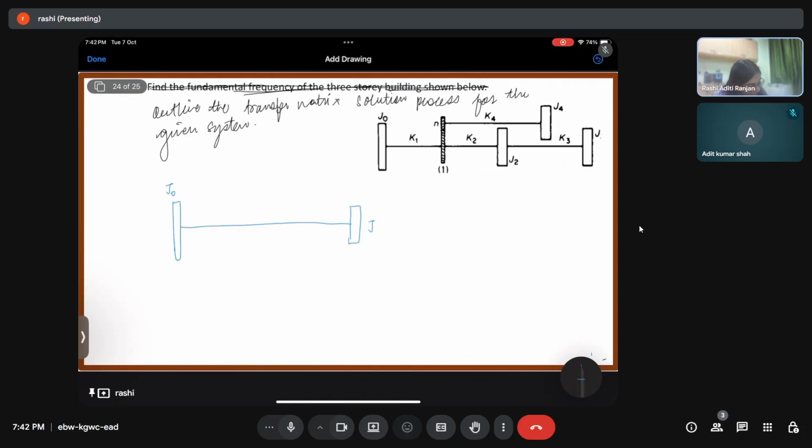Then we have this thing, which is a gear. And as you can see over here, there are two. One is this one. The other one is this one. Maybe I should use another color.